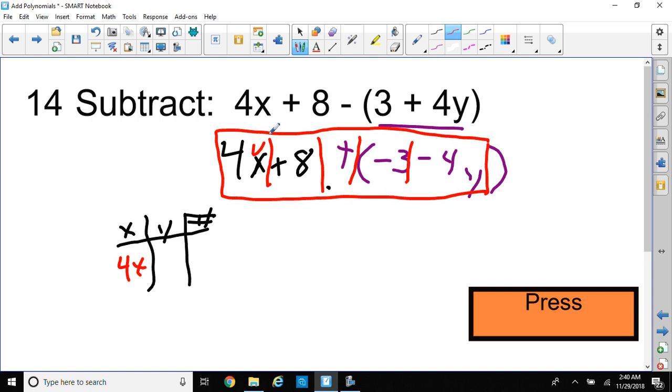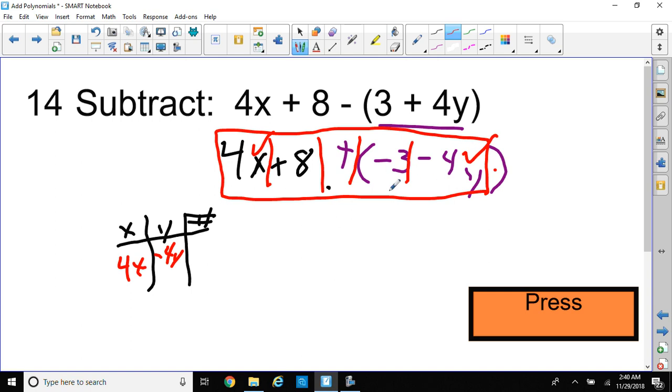Check it off. Any more x's? Nope. So I'm done with the x's. I have a y over there. Minus 4y. So let's put that in there. Let's check that off.